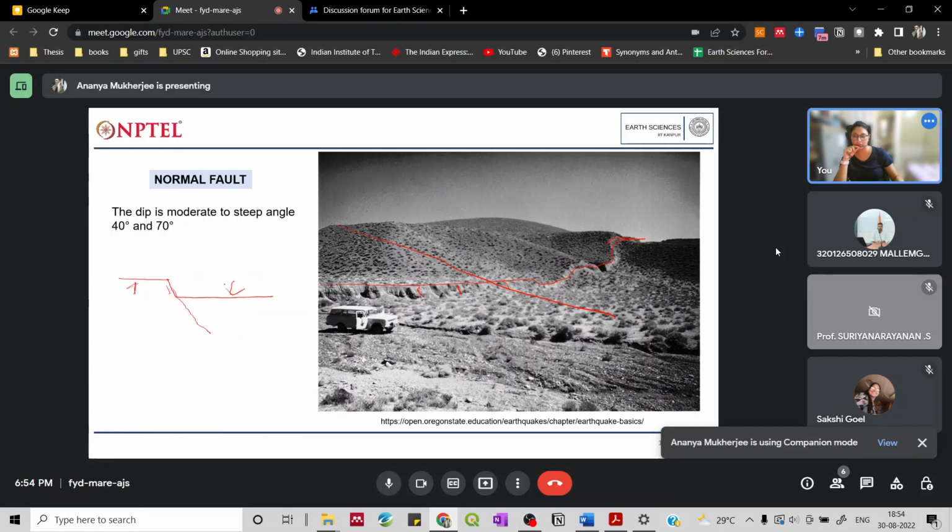Due to the movement, this has gone down, and this steep plane that we see over here is called a fault scarp. So this is one of the features of a normal fault. Why normal fault? Because the hanging wall has moved down and the footwall is over here, with respect to the fault plane and with respect to each other.